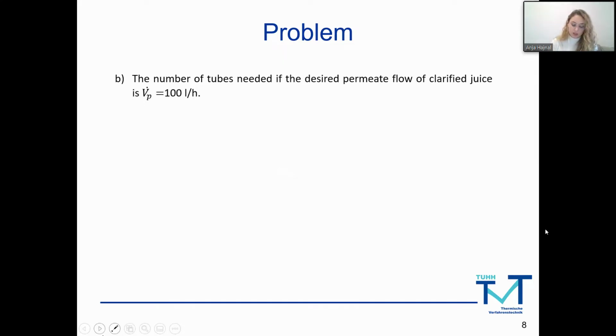What you can obtain from this is the total area that you need for the whole module, and then you have the size of the tubes, and by comparing these two areas you can calculate the number of tubes that you need. So in 2 minutes I will share my slides, my results.